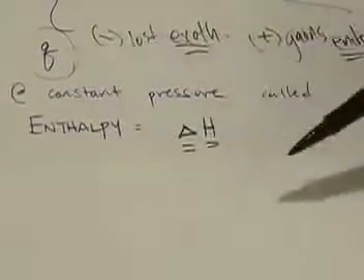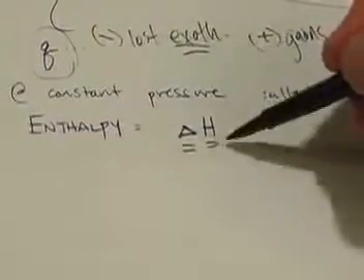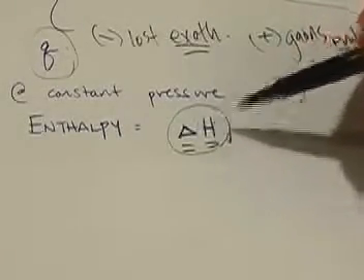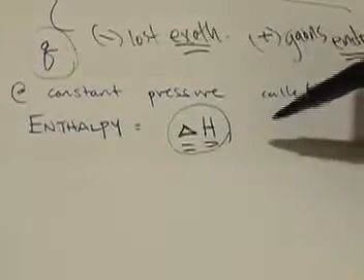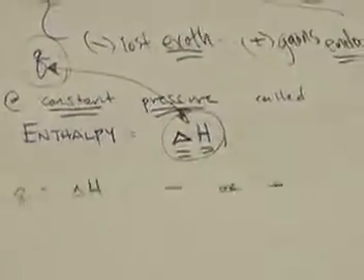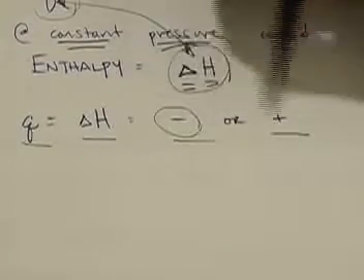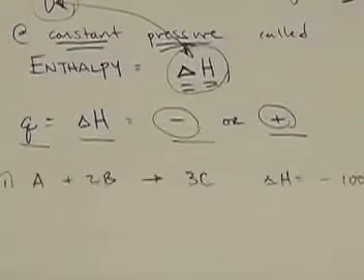And so from now on, for the most part in this chapter, we'll talk about enthalpy changes, or heat energy at constant pressure changes. So Q and H are similar, and they're exactly the same as long as we're at a constant pressure. One more thing here. Q, remember, is equal to delta H and is positive or negative, whether the system has lost energy, negative, or the system has gained energy, positive.